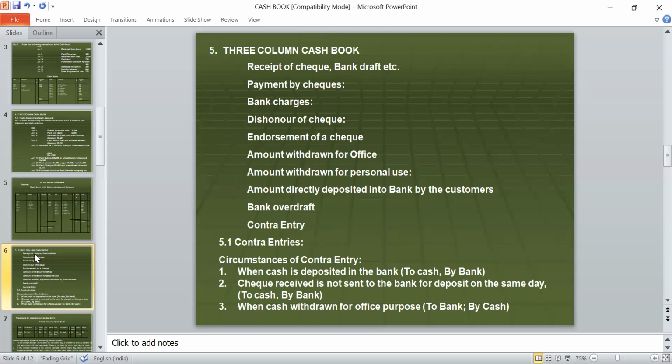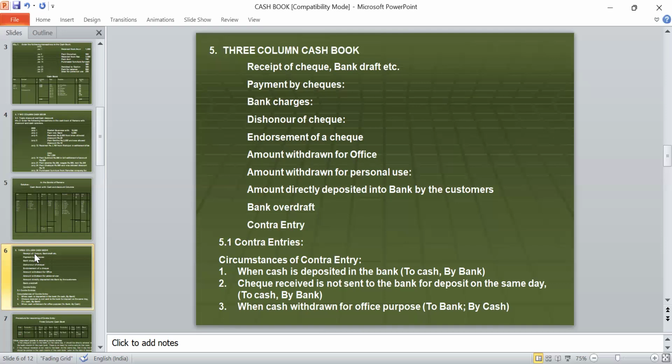The importance of triple column cash book is it helps to record cash receipts and cash payments through cheques also, both the receipt and payment transactions along with the cheque transactions.